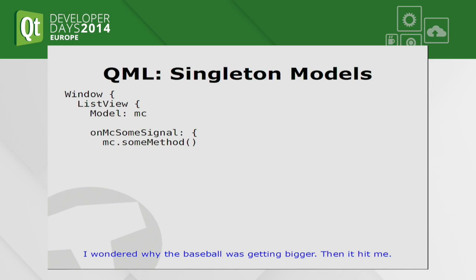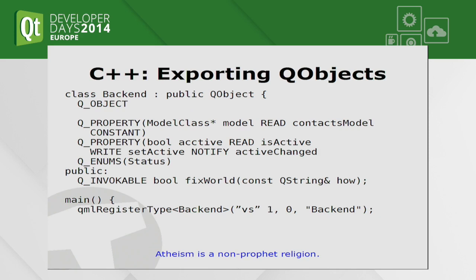So this is simple. More fun is when you have your own QObject and you want to export this to QML. This is something that we do all the time. In this case, this is a backend object.